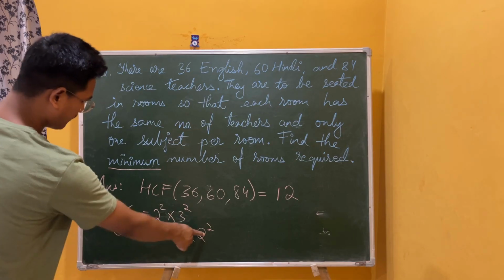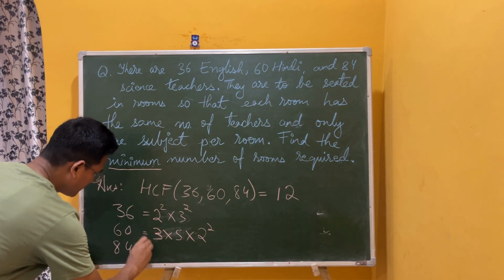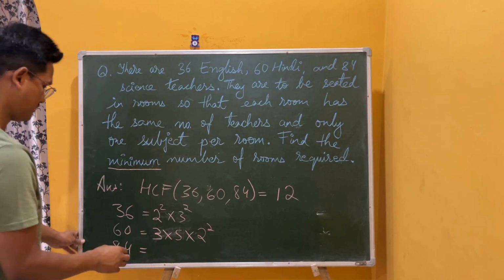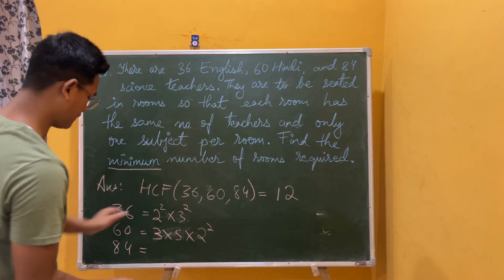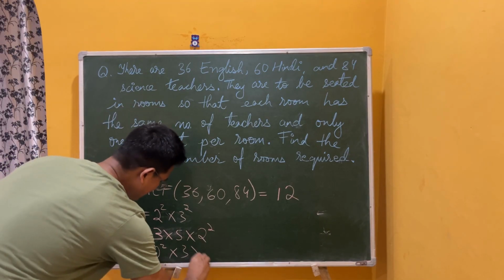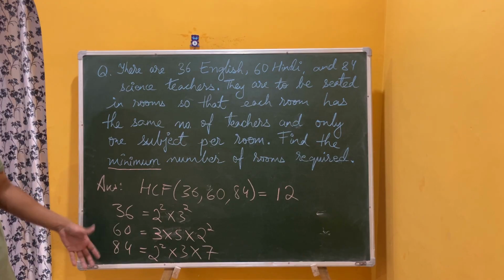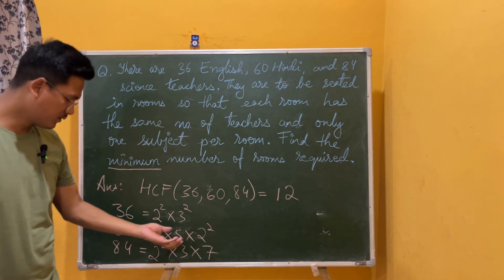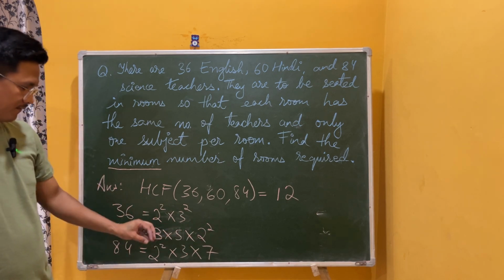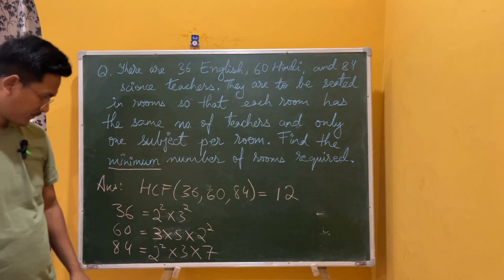Now 84 is 12 into 7, and 12 is 2 square into 3. So this is how you can prime factorize the numbers. First, you use one of the factors that you know, and then further break it down into prime numbers.